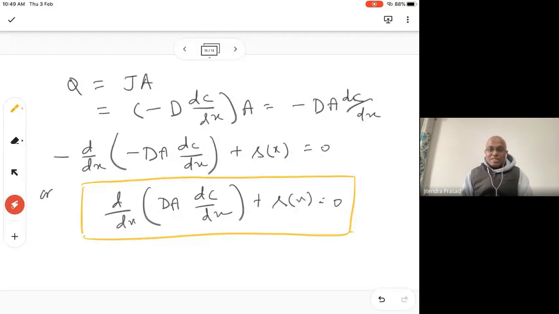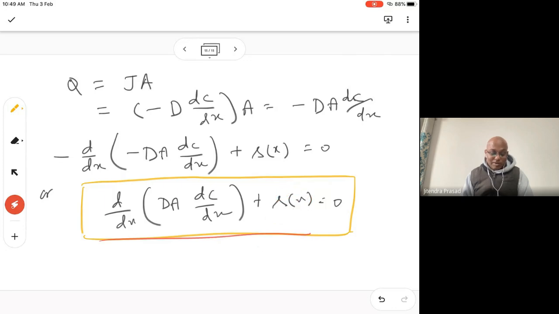Okay, so what we see here is that the equation is similar to the 1D elasticity problem. You had E and A, instead of C you had U, and instead of S you had B. In the heat transfer problem, instead of D you had K, you also had A, instead of C you had T, temperature, and then here it was heat source.